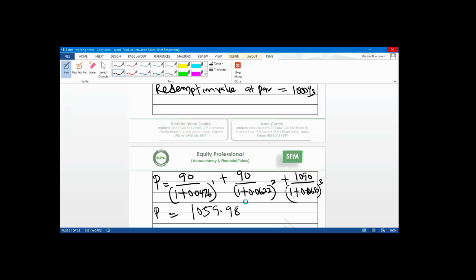We have gotten the price of the bond. We now need to calculate the yield to maturity of the bond.